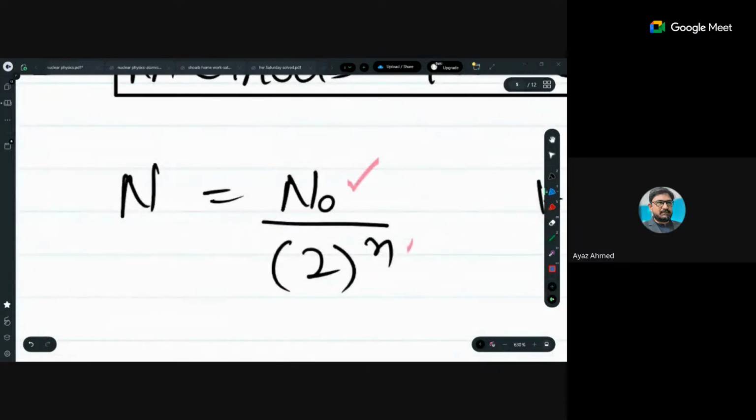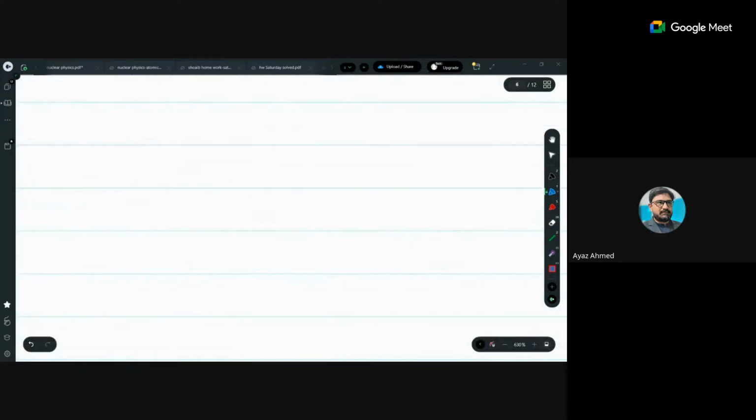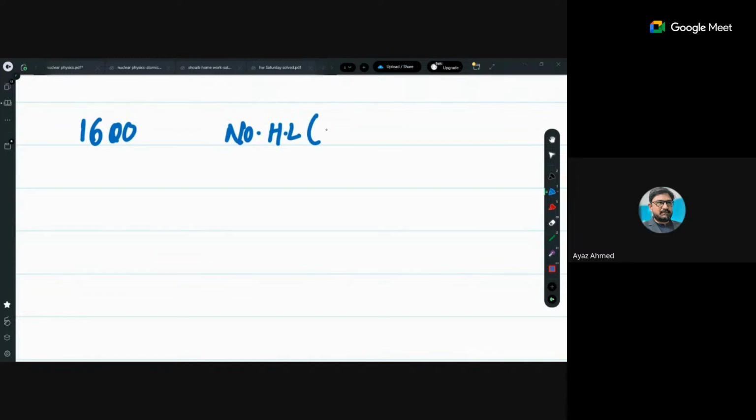But there is another thing which is very interesting for you, कि half life के बाद sample के साथ होता क्या है. I will just make the calculations here on a blank screen. Originally it was 1600 and there was no half life, right? No half life, yani half life zero कह सकते हो आप लोग, right?